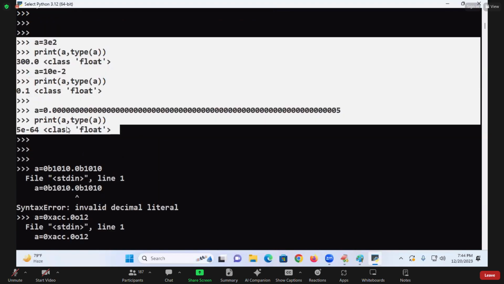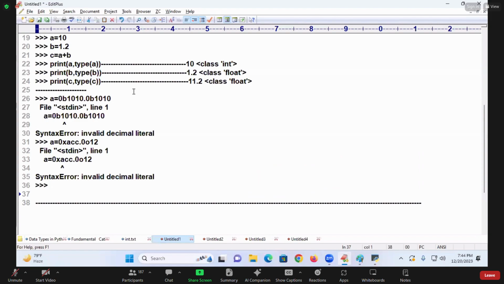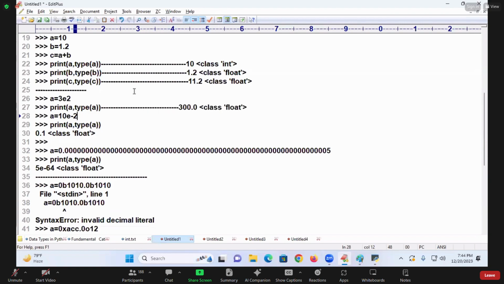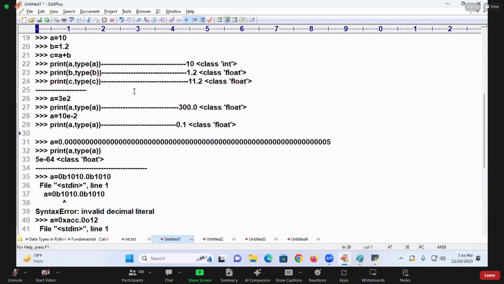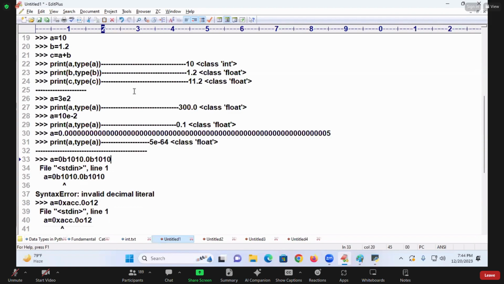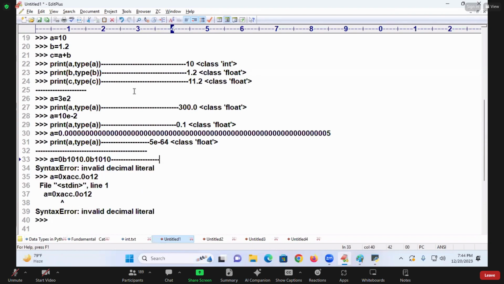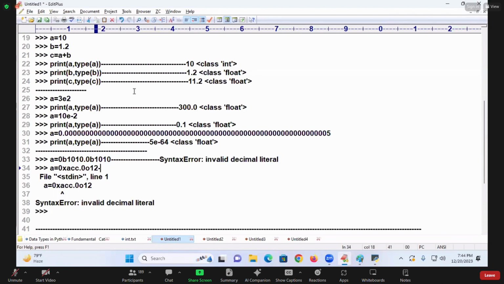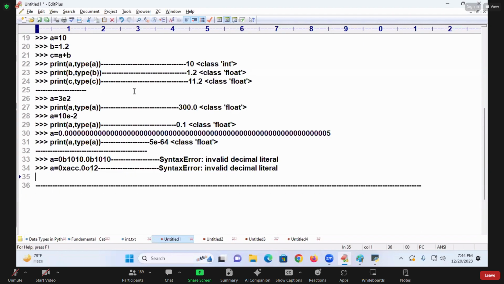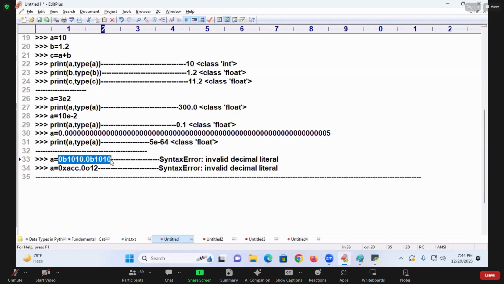Here I will say scientific notation related data: a positive number to the power of, and a negative number to the power of, a bigger notation, the value represented like this. This is going to be an error, and this is also going to be an error. So float data type does not allow us to represent number system values directly.